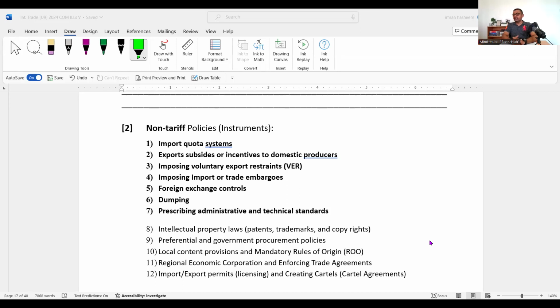Then there is prescribing administrative and technical standards, setting very strict, sometimes impractical standards. Here the administrative, quality and safety standards are set with the intention of discouraging imports.